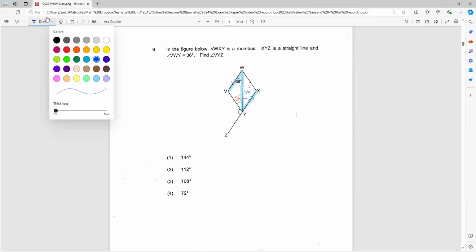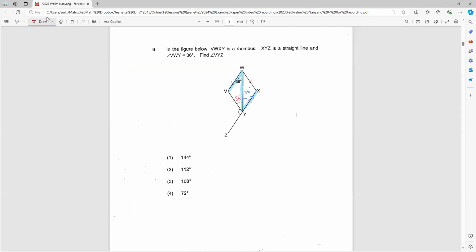So to find angle VYZ, we take 180. Angles on a straight line, so 180 minus 36 minus 36. You'll get 108. So answer option 3.